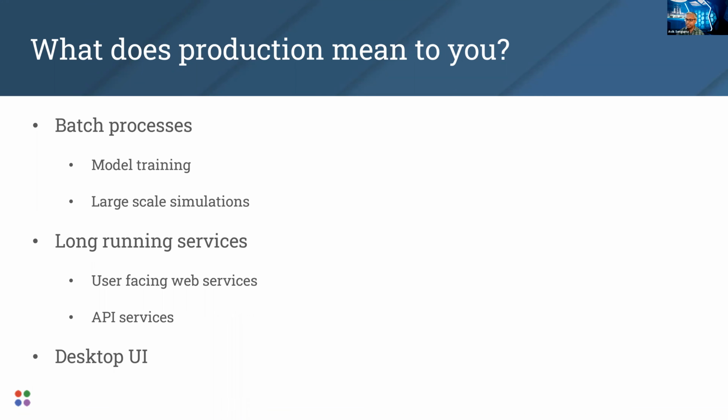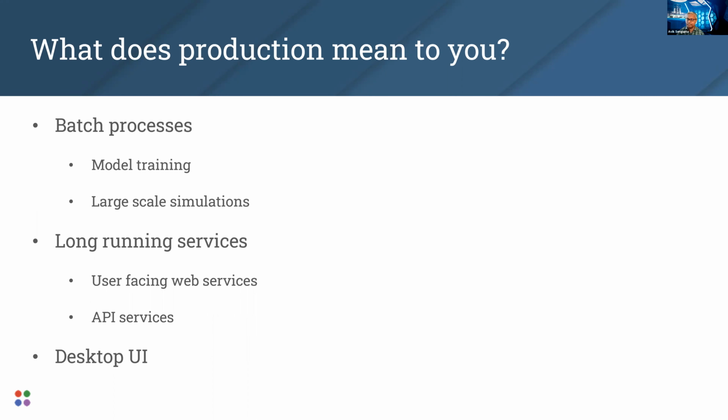Or you're running large-scale simulations that take anything from a few hours to a few days, and you start it and then it runs and then it stops, right? And so there is some interactivity, but then your processes run in discrete periods of time.